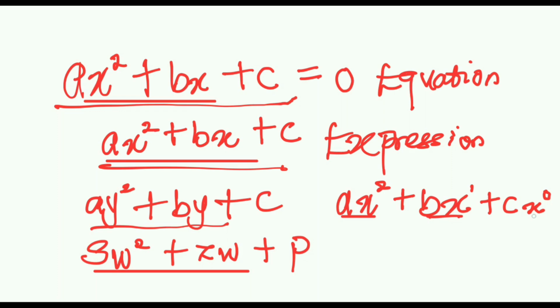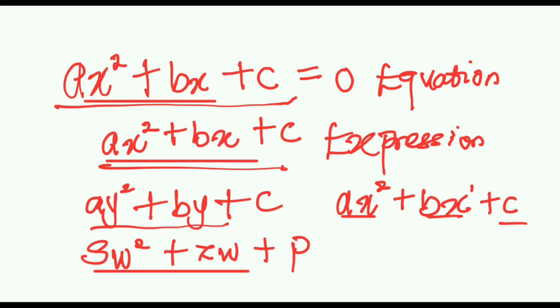But usually you don't see this here because whatever is raised to a power of 0 is 1. And so this is as good as saying you have c times 1, and that gives you a value of c. So you don't see this x raised to power 0 there. All you just see is c.